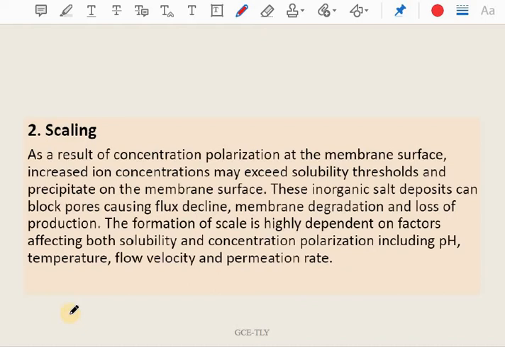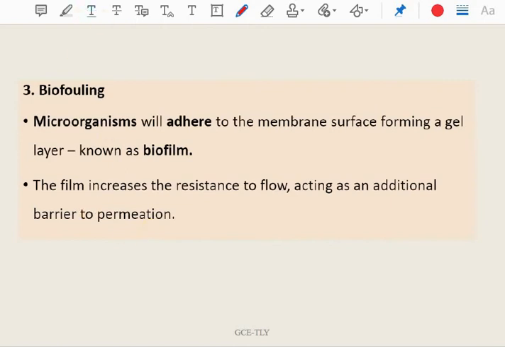and permeate rate. The third fouling is biofouling, which is nothing but the formation of a layer of microorganisms over the membrane. So microorganisms will adhere to the membrane surface, forming a gel layer known as biofilm. In the trickling filter we saw that they form a slime layer, right?